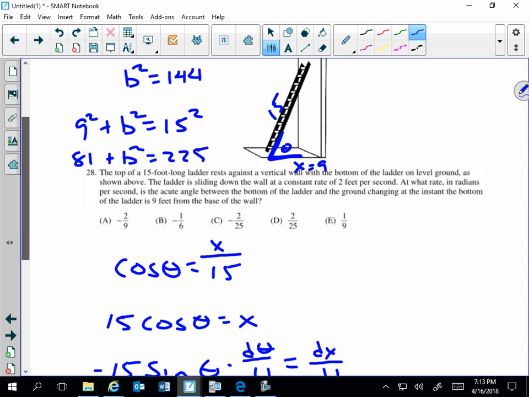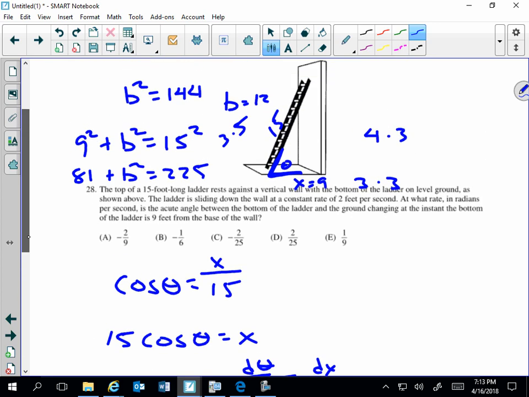I square root, and b equals 12. Remember your 3, 4, 5 triangle. 9 is 3 times 3, 15 is 3 times 5, so that side would be 3 times 4. If you saw that, you would know that side's 12.